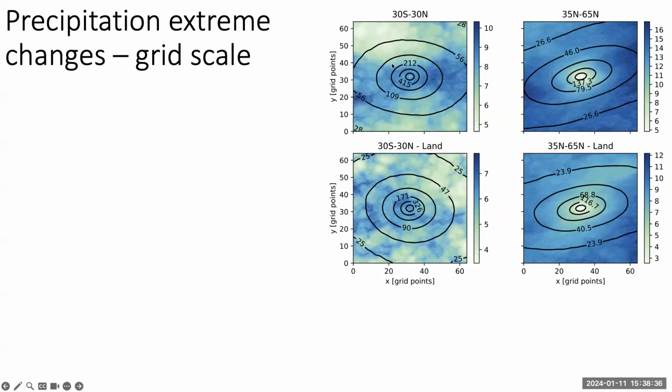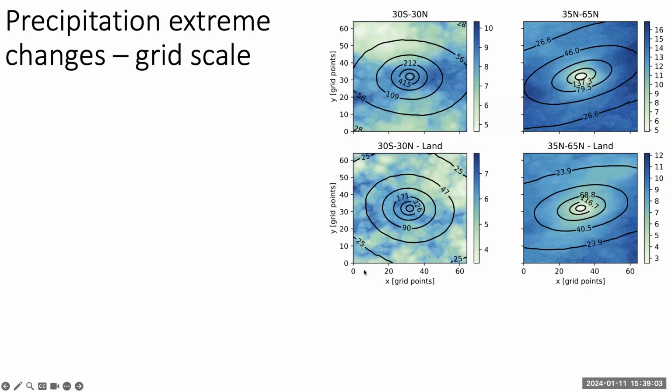So the contours are just the extremes, the colors are the response to warming in percent per Kelvin, and this is over the tropics, this is over the mid-latitudes. When I'm looking at the composites, we are talking about grid points, but basically each grid point is 3.25 kilometers.